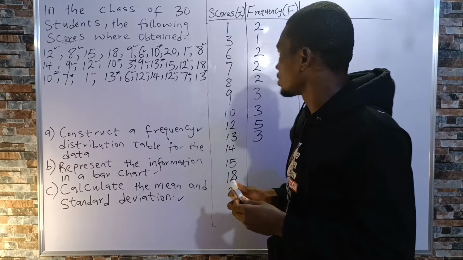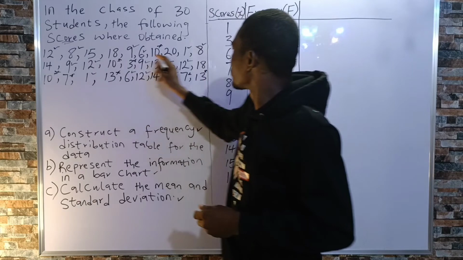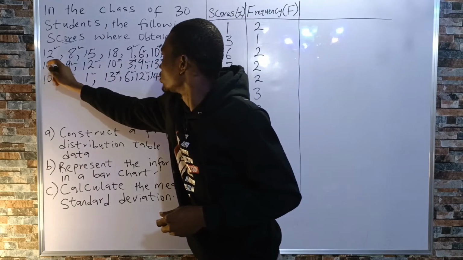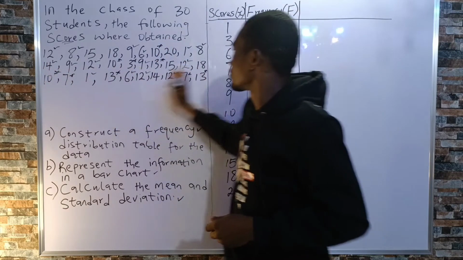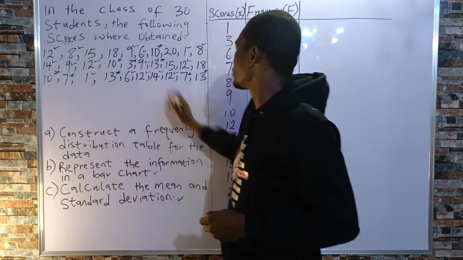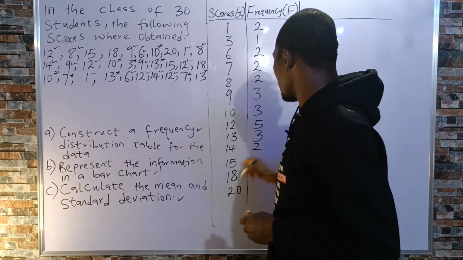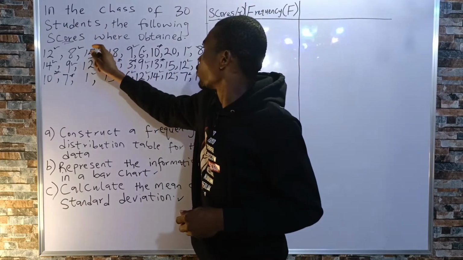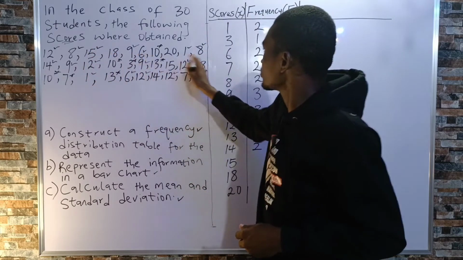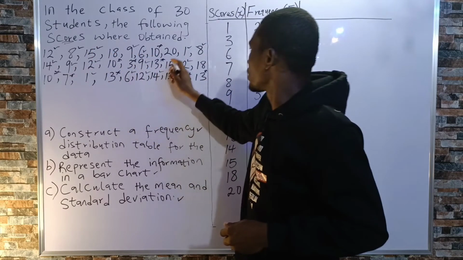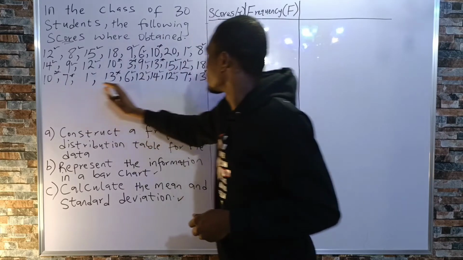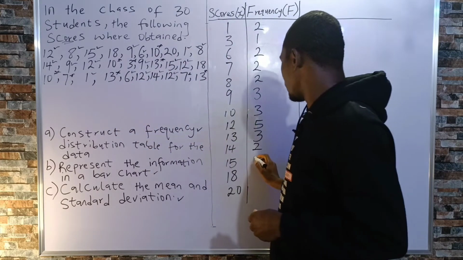Then for 14, we have 1. We have 2. So we have 2 times. Then for 15, we have 1. We have 2. And it's only 2.